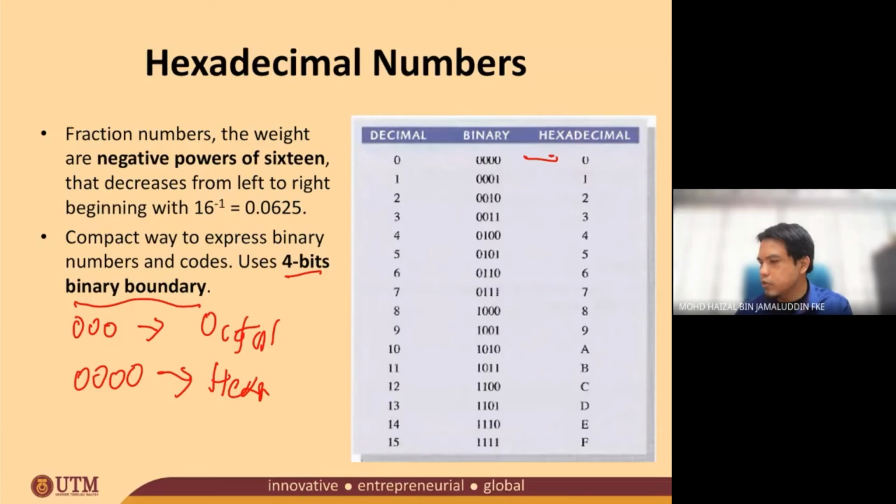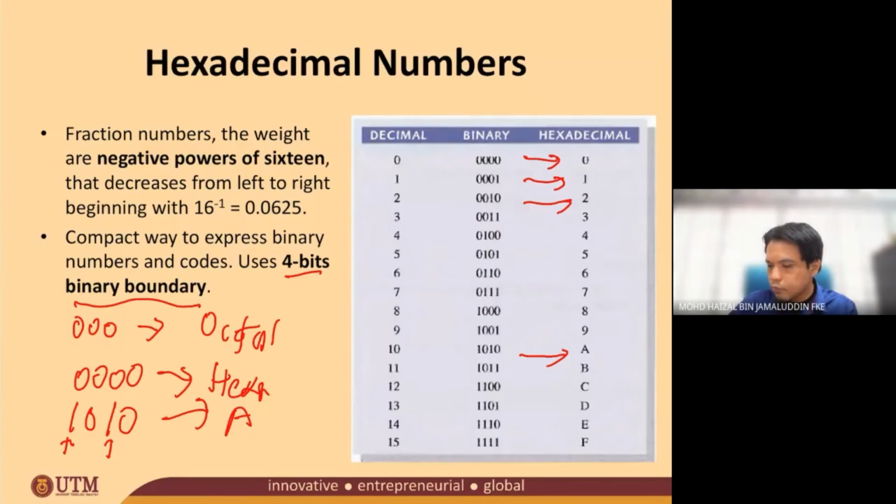So you can write, for example, here, 0000 is 0, 0001 is 1, 2, and so on. So 1010 is representing A. How can you calculate that? Okay, this is 2 to the power of 1. Can you see at the side? Okay.